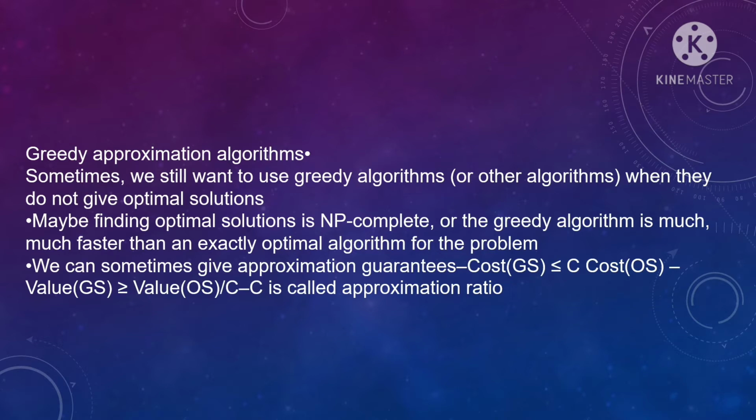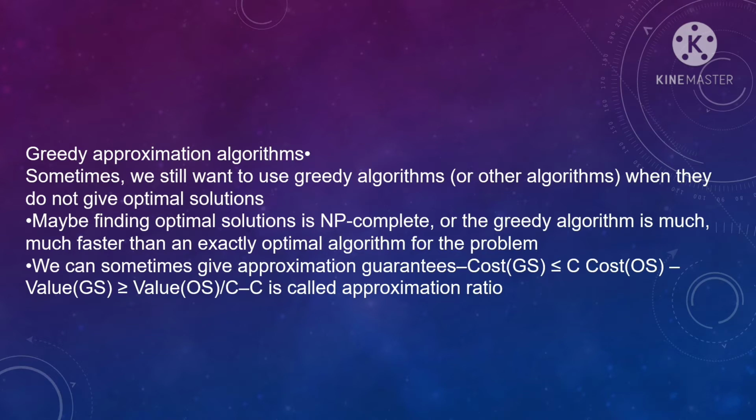Sometimes we still want to use greedy algorithms or other algorithms when they do not give optimal solutions. Maybe finding the optimal solution is NP-complete, or the greedy algorithm is much faster than an exactly optimal algorithm for the problem. We can sometimes give approximation guarantees.